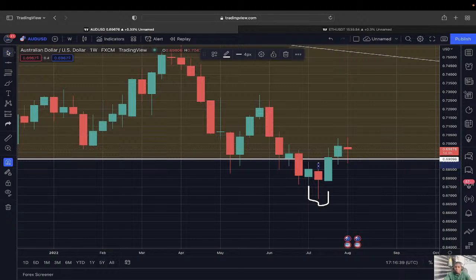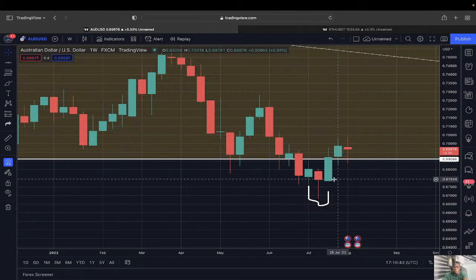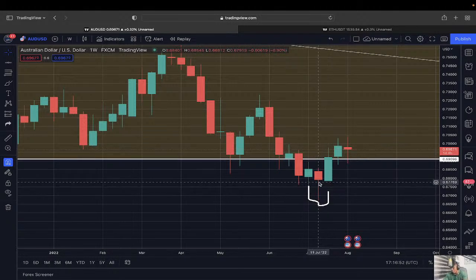Why are we expecting bullish momentum? One, it's at a demand zone; two, there is a pin bar; and it's on a higher time frame, which means it has more potential to go.